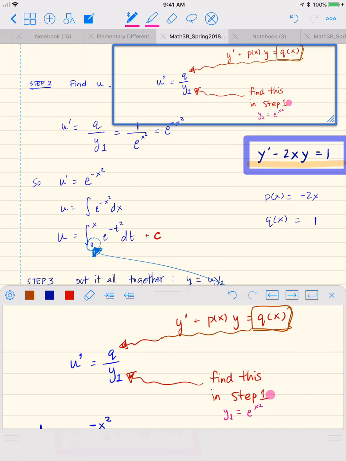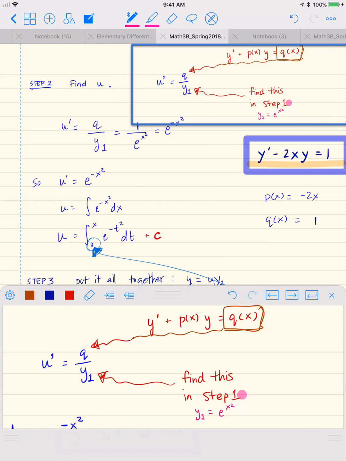And q, you might have forgotten where we get q from. Remember, this is our general format for our linear first order differential equation, y prime plus p of x times y equals q of x. That q of x is the numerator in u prime, do you see that?